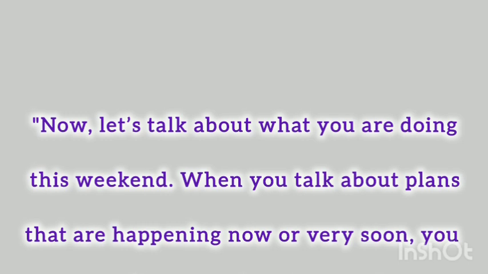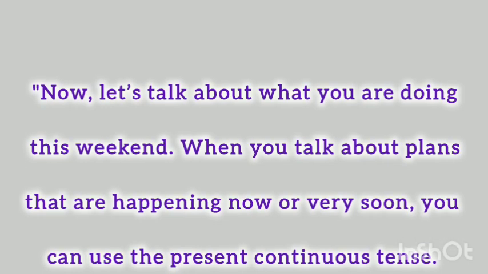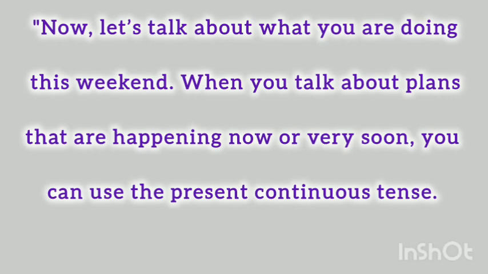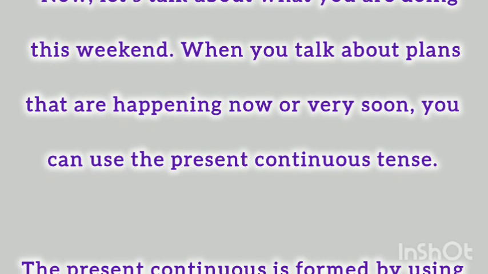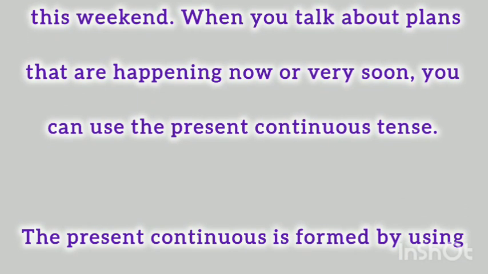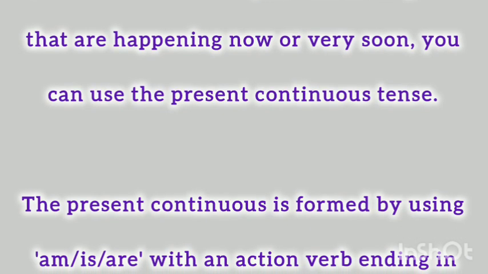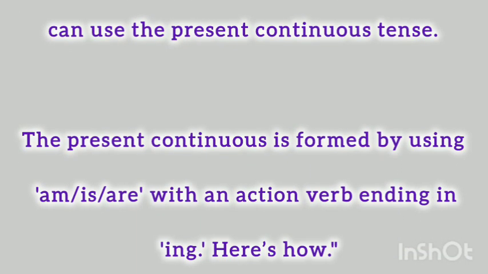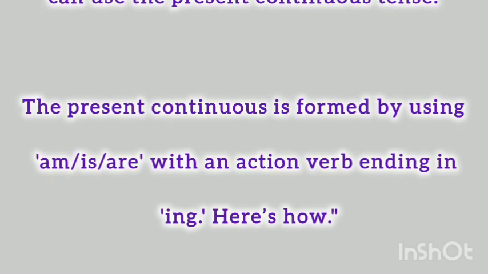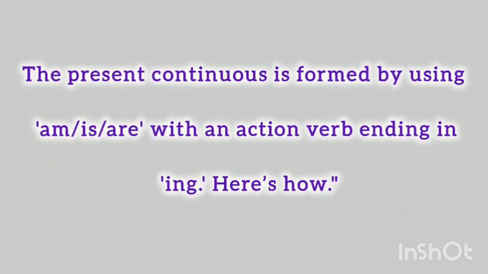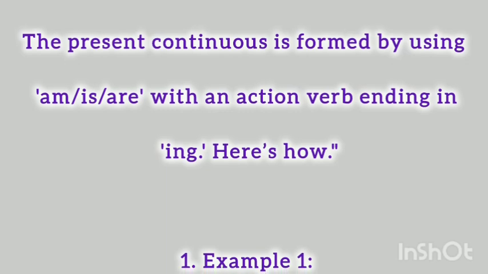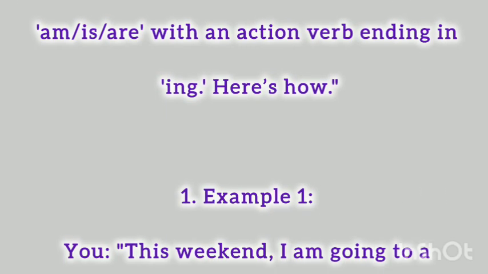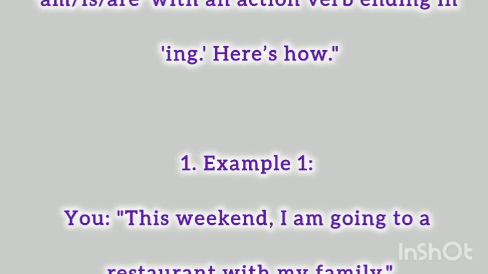Now, let's talk about what you are doing this weekend. When you talk about plans that are happening now or very soon, you can use the present continuous tense. The present continuous is formed by using am, is, are with an action verb ending in ing.